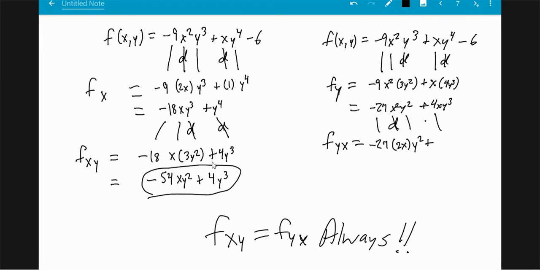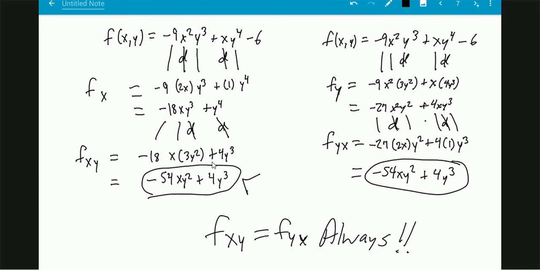Alright, next term, you got a 4, you got an x, you got a y cubed. I'm only doing the derivative of x's. So 4 comes down, the derivative of x is 1, y cubed comes down. Go ahead and simplify. Negative 27 times 2 is negative 54, xy squared. 4 times 1 is 4, so 4y cubed. And there we go.